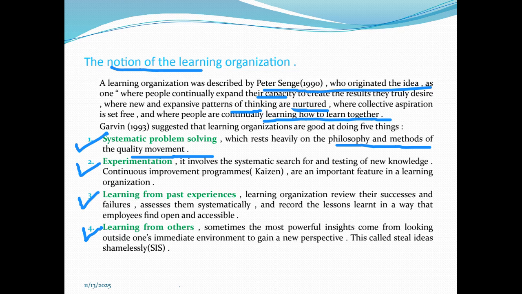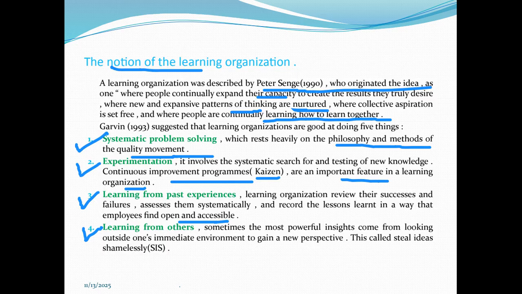Continuous improvement processes like Kaizen, which is a Japanese philosophy, are important features of the learning organization. The third one is learning from past experience. Learning organizations review their successes and failures, assess them systematically, and record the lessons learned in a way that employees find open and accessible, so that we would not be making the same mistakes that we have made in the past.